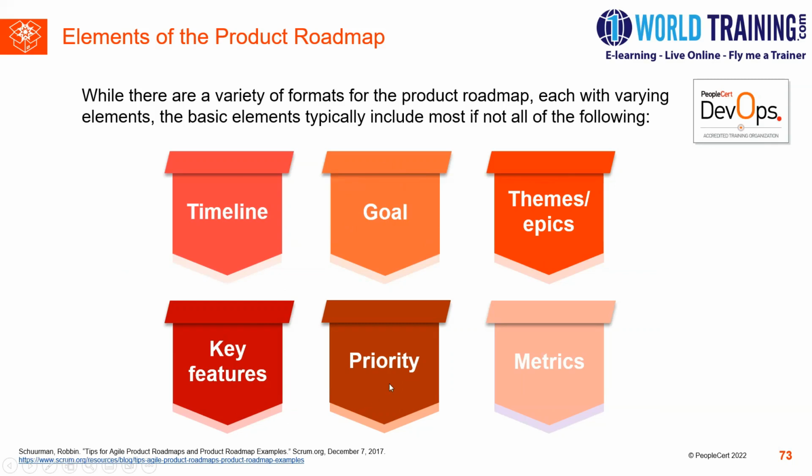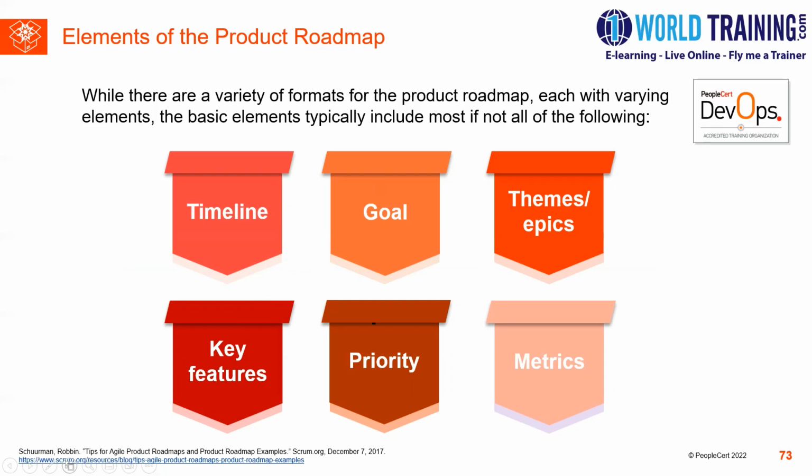The priorities have to be defined, and then the kind of metrics you want to build around your product roadmap. So these are the key elements of the product roadmap, and you can always refer to this hyperlink or URL for detail.